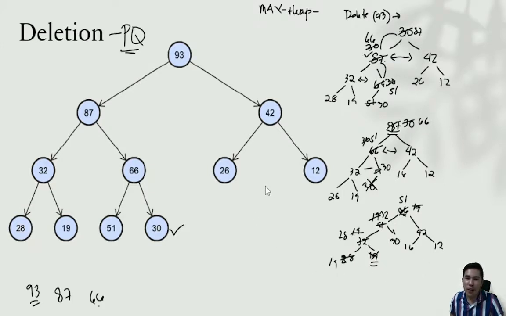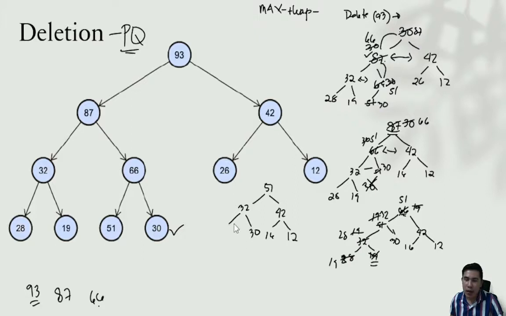So we have here 51, and then you have here 32, 42, 16, 12, and then under your 32, you have 30, okay?